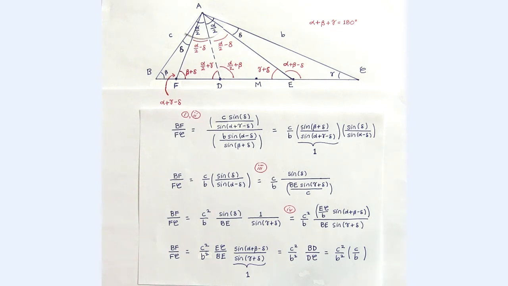So we're almost done. And in my final step, I replaced BD over DC with C over B. And I can do that in two different ways.